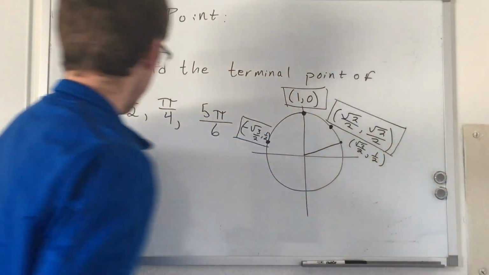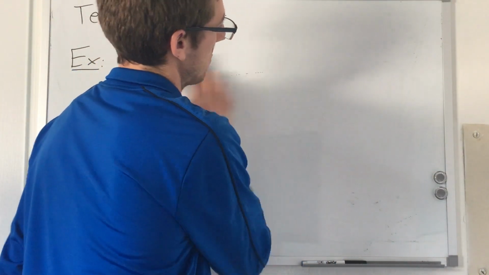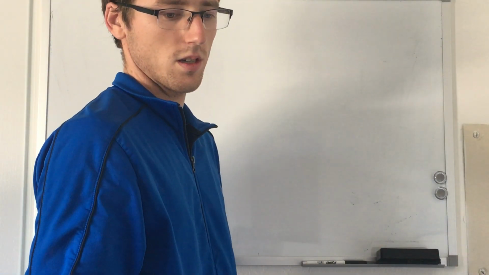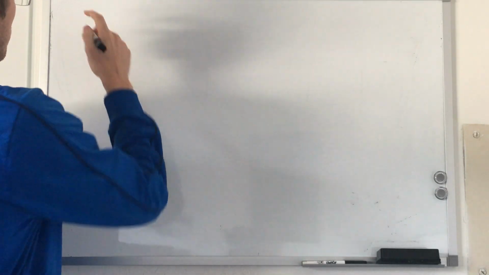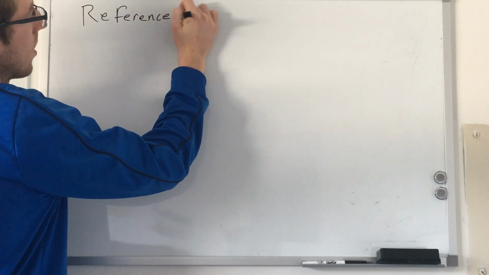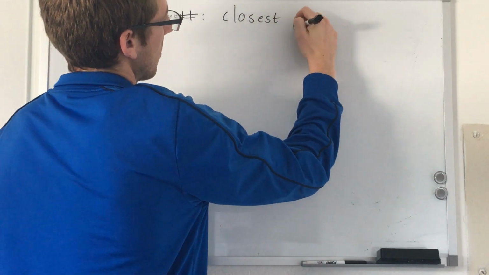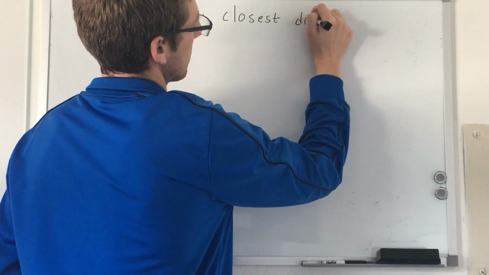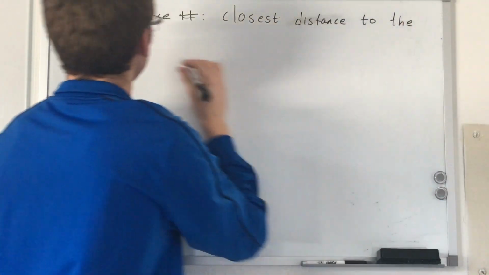So that actually brings us nicely into our other one. It's called the reference number. The reference number is the closest distance to the start, is how we'll do it.